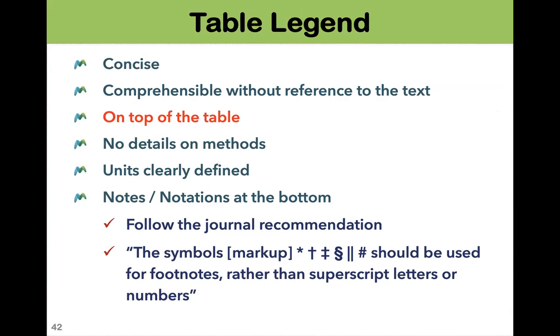No details on methods, just describe the table, define the units clearly. And if there are some things you want to explain about the table, everything goes as a footnote at the bottom of the table, not at the top of the table. At the top of the table, the title is a short one-sentence title, no explanation, okay?